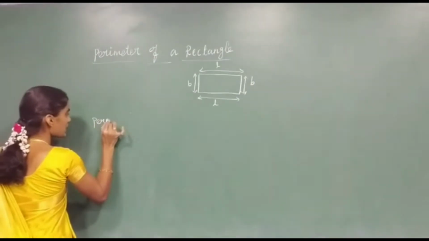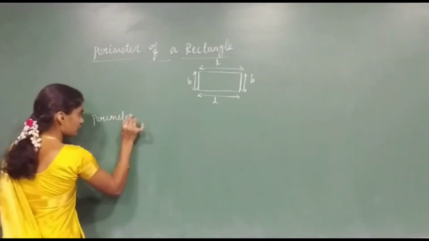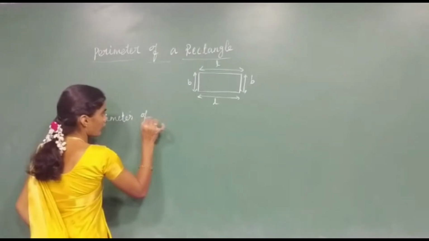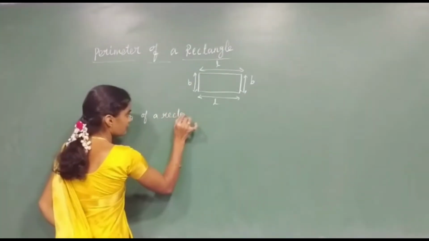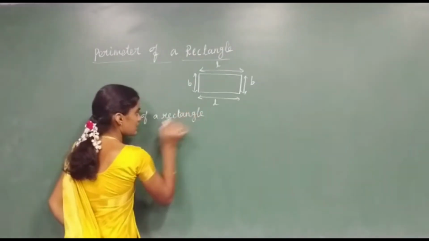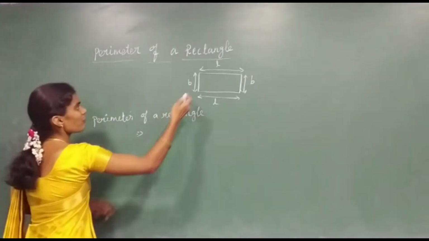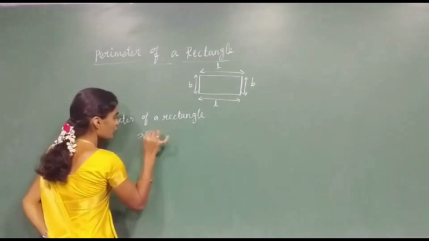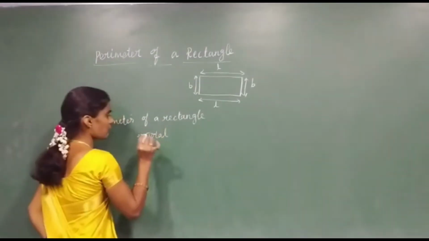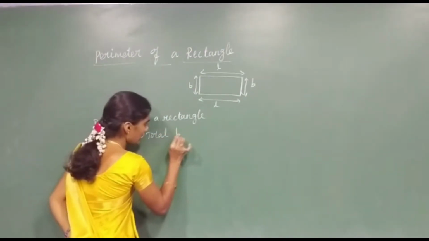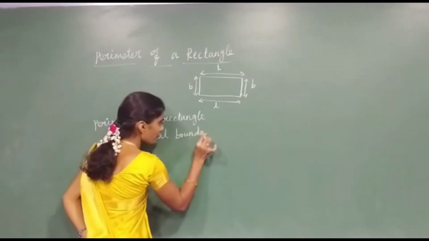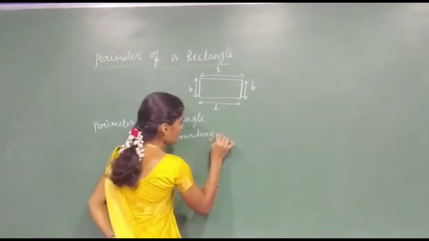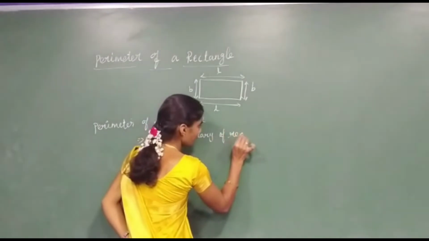Perimeter of a rectangle equals... we know the definition of perimeter: the total boundary of the shape. Which shape here? Rectangle.